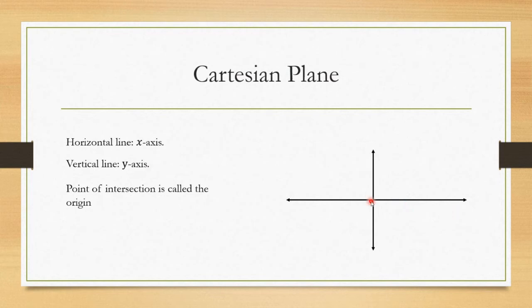Where they intersect, that's going to be called the origin. Basically, just like the real number line is a way of visualizing all real numbers, the Cartesian plane is going to be for visualizing all ordered pairs of real numbers.